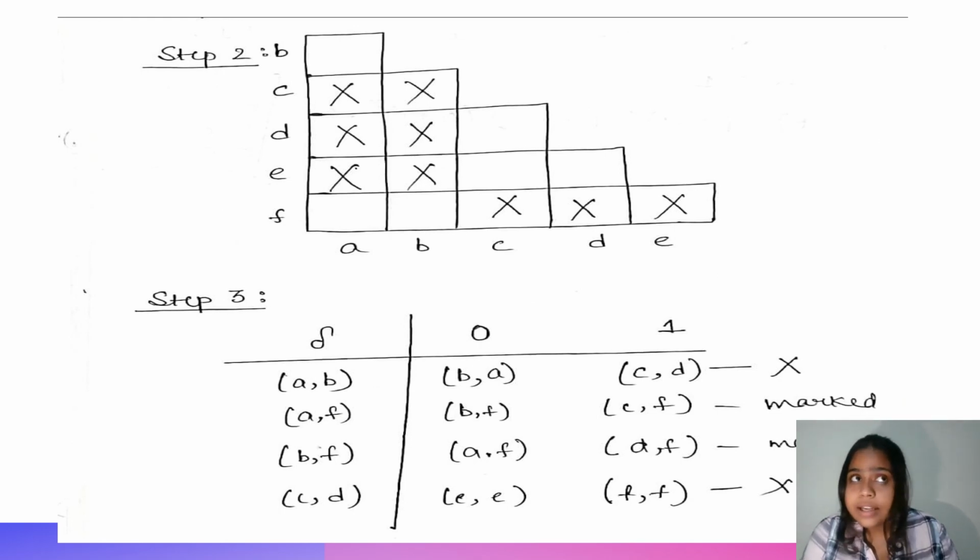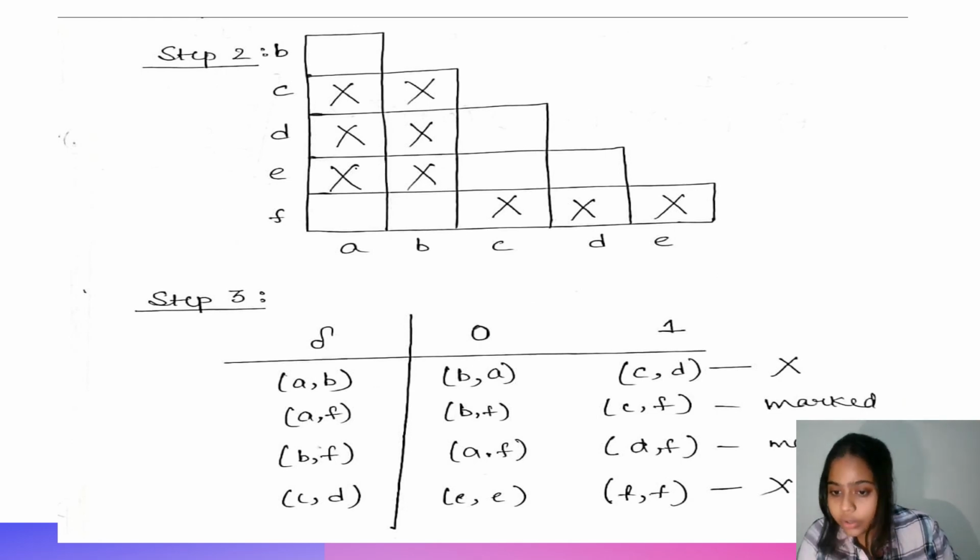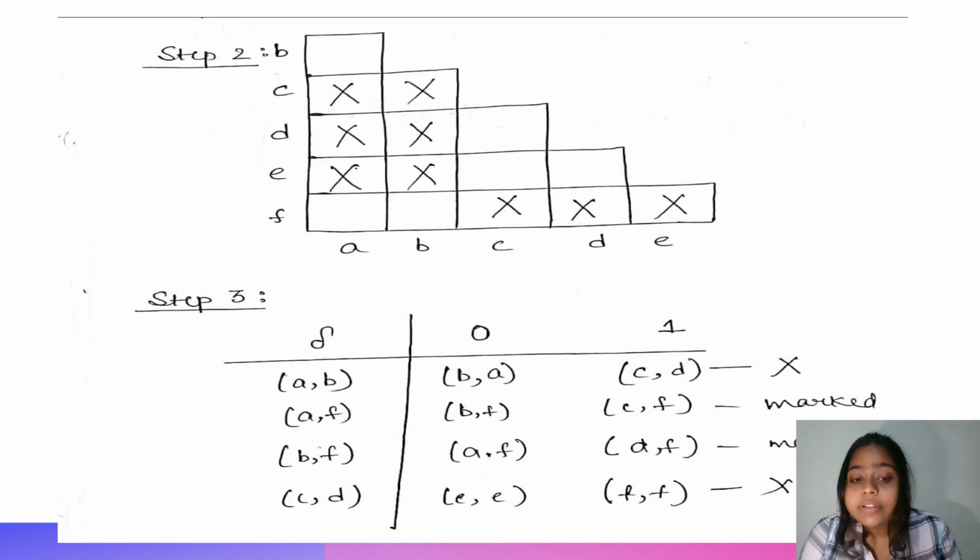But yes, when we are proceeding to step 4, if some pairs, suppose here if we take the example of A and F, it's not marked initially, but if we check B and F, one is final and another one is non-final, that's why it's getting marked for C and F. So when we mark some pair which is not marked here, if it is marked in the table in step 3, then we can also mark that in step 4.